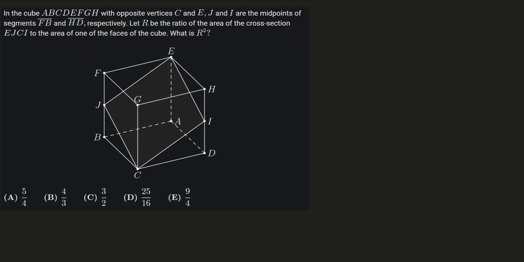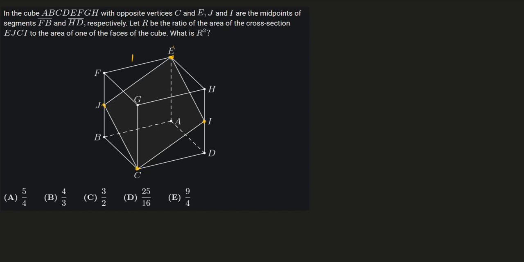So in this problem, we have a shape that's three-dimensional. It's a cube, right? Let's suppose it to be a unit cube with side 1. And now we have this cross-section. I'll mark these points. This is EICJ.